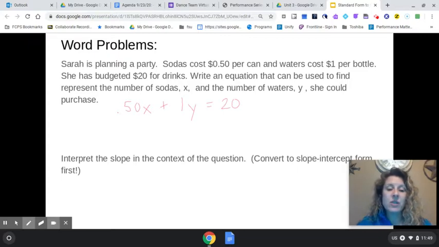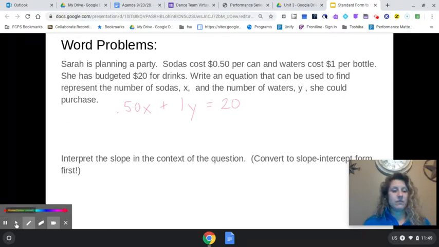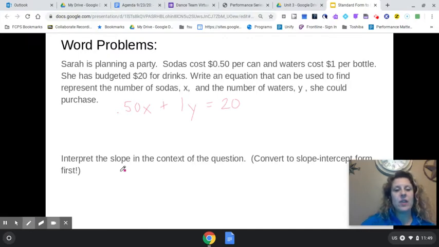We're asked to interpret the slope in the context of the question. So in order to know what the slope is, we need to convert to slope-intercept form. So let's go ahead and solve this equation for y. So we're going to subtract 0.5x from both sides.